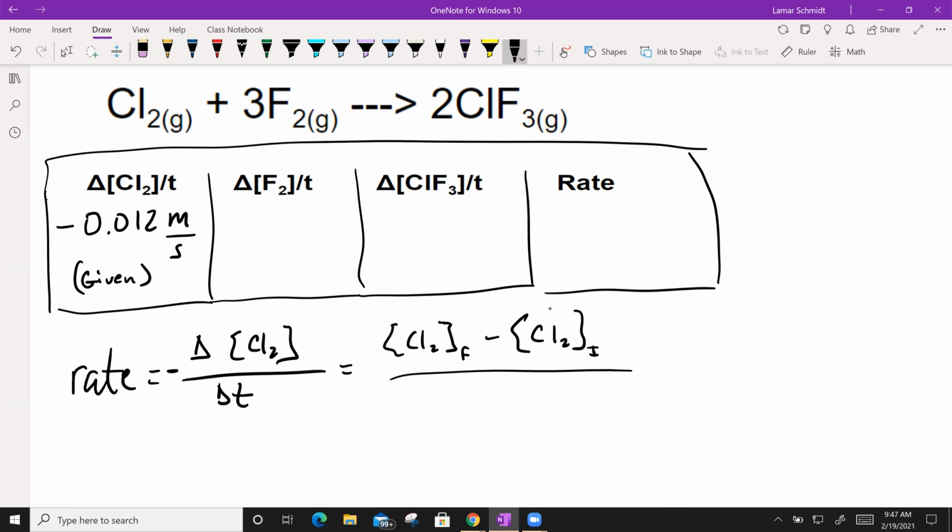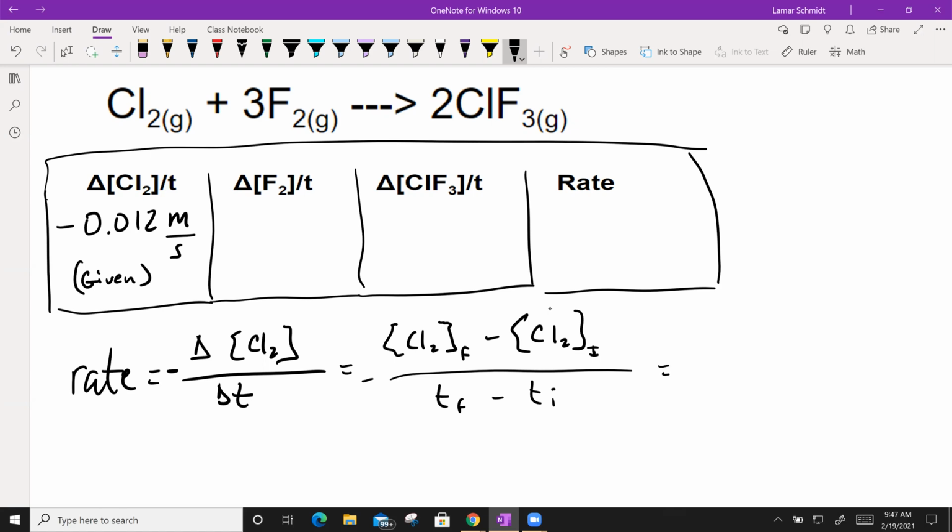Let's say Tf minus Ti. So if we look at this, at the end of the reaction, this is final, our concentration would be lower than our initial. And our time, obviously, would be higher than our initial. So time, you can't have a negative time.